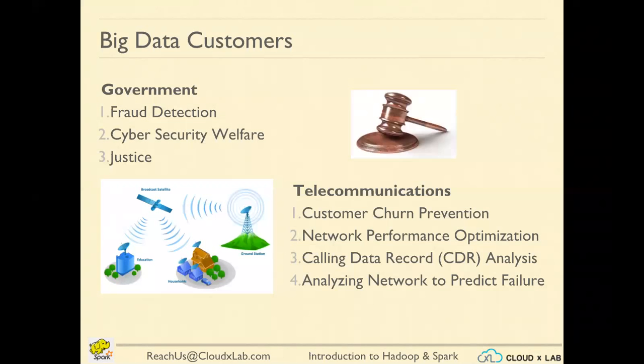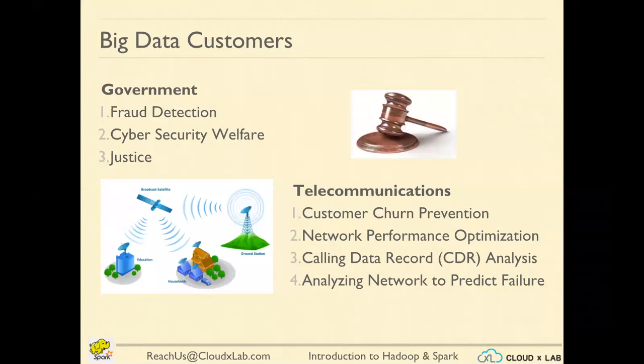The second is network performance optimization. Let me go back to customer churn prevention and describe it again. When a customer is leaving the network, or terminating the relationship, you need to understand what actually happened.